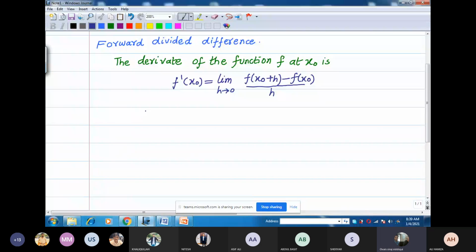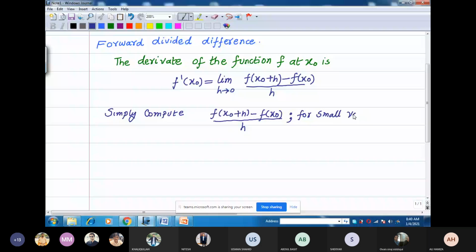Simply compute f of x naught plus h minus f of x naught divided by h for small values of h.